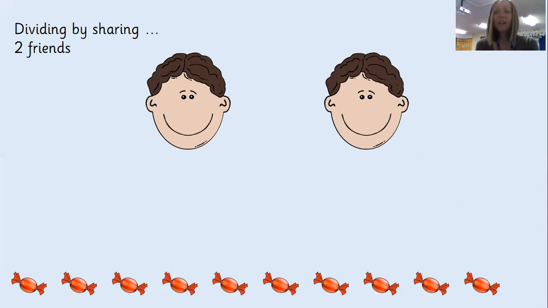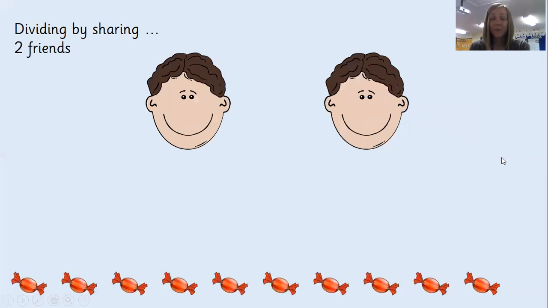So have a little look here, because I've got my sweets down the bottom this time, and I'm going to share between 2 friends. So I've got a friend over here, number 1, and I've got a friend over here, number 2. And I've got to share my sweets equally.